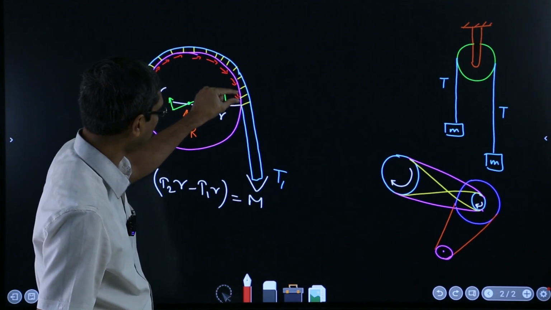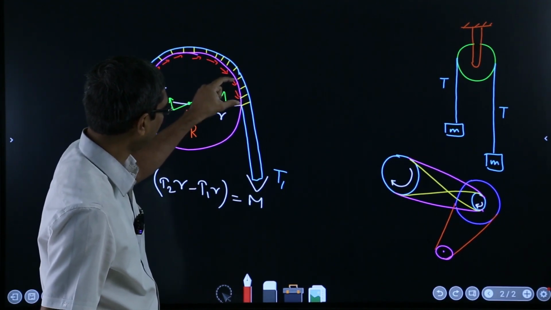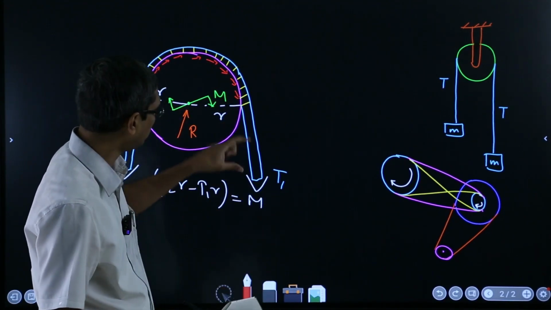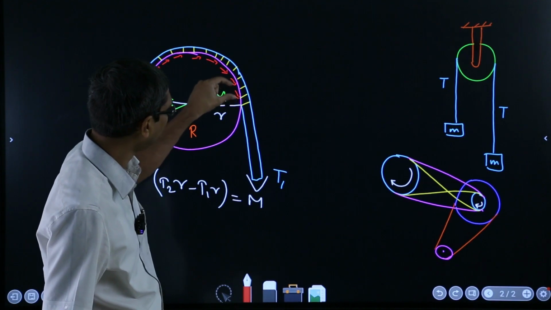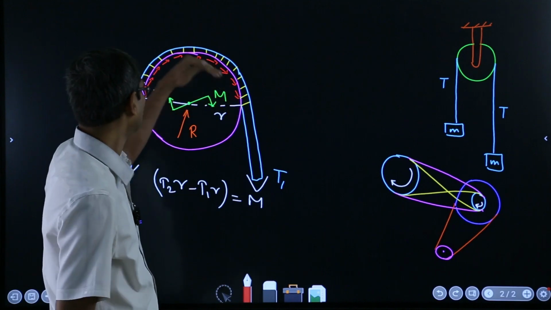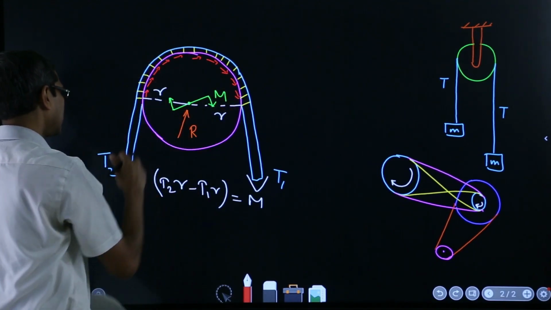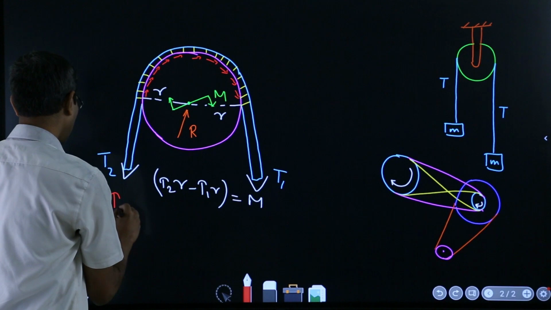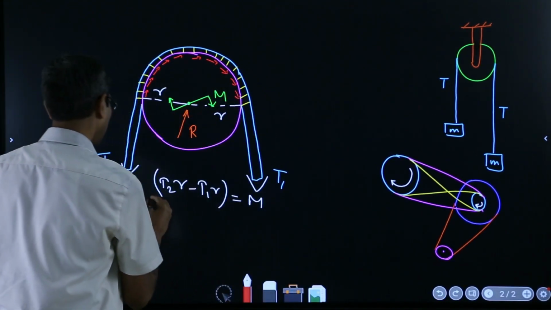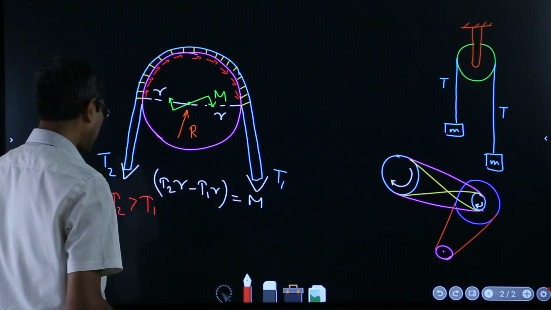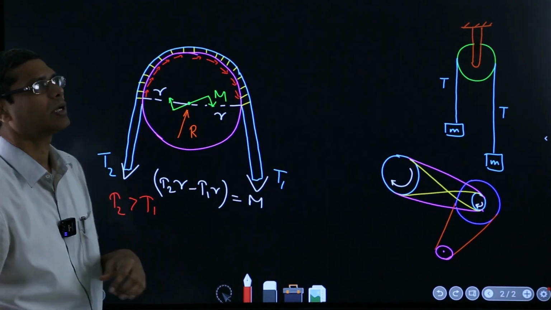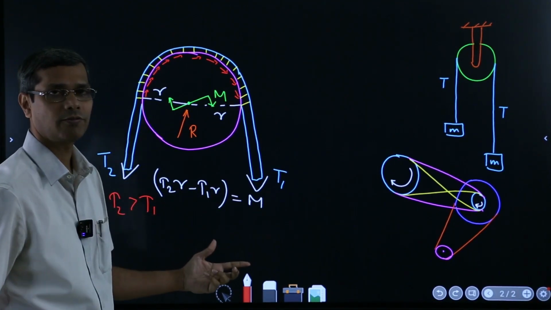So here this much friction, but here the tension is actually trying to move forward this tension plus this friction also. Then at this point this tension but this much friction, so like that the tension increases and T2 will become more than T1. So that is another way of interpreting which direction the tension will be more.